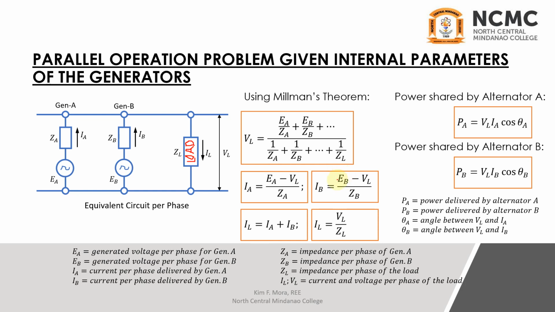So kung B naman, generated voltage sa B minus sa load divided by impedance ni generator B. And ang IL, or ang current sa atong load, is equal to the sum sa current sa A and B. So that is IA plus IB. Then IL is equal to VL over ZL, more Ohm's law.